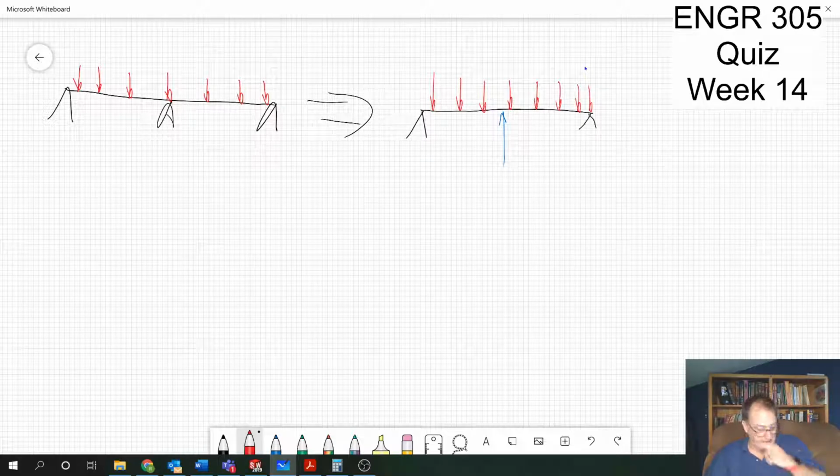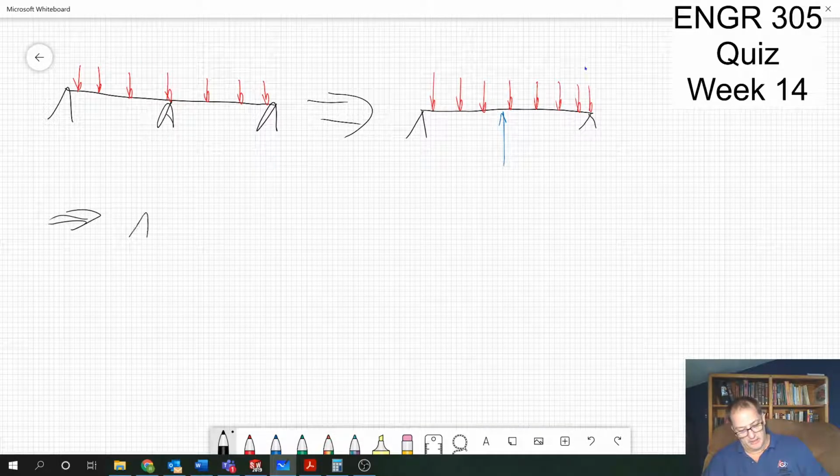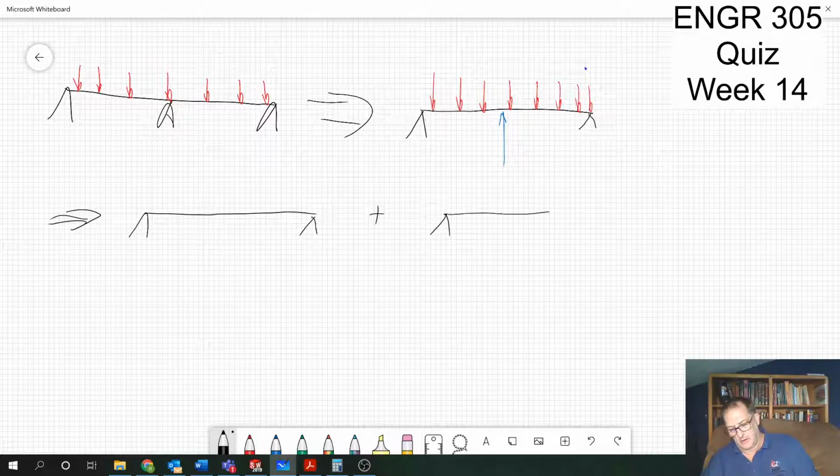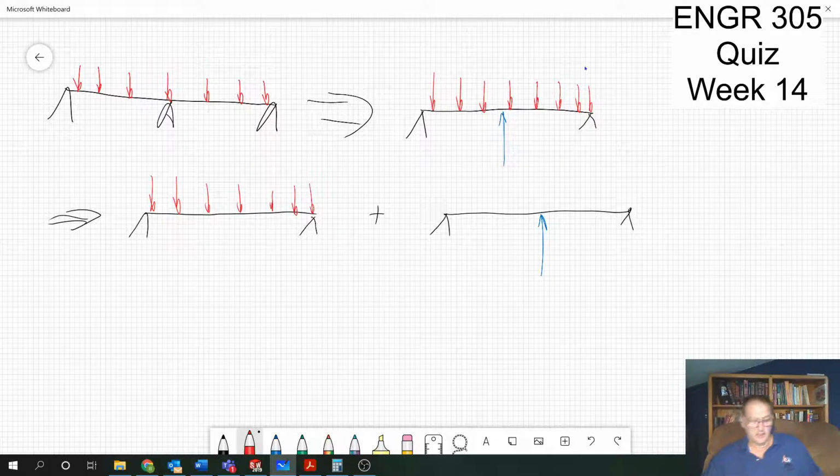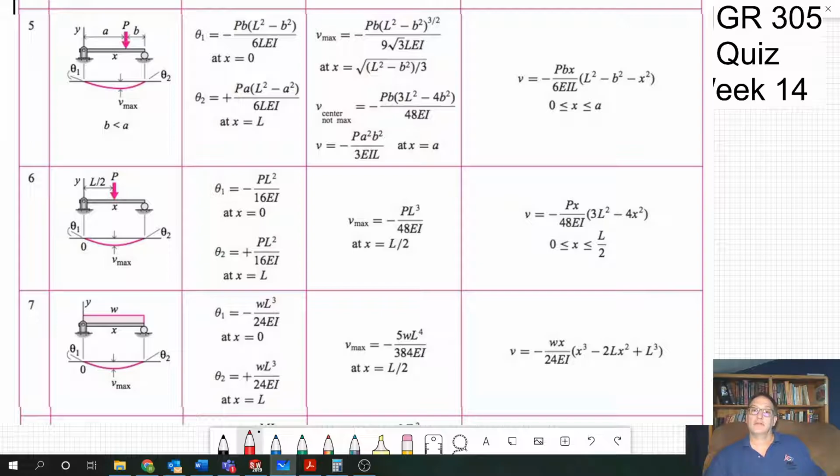And the reason I do that is because that is going to break down into these two loading conditions. And those I can look up on my table. Those are load situation 6 and situation 7.